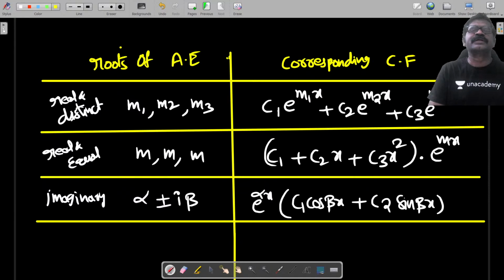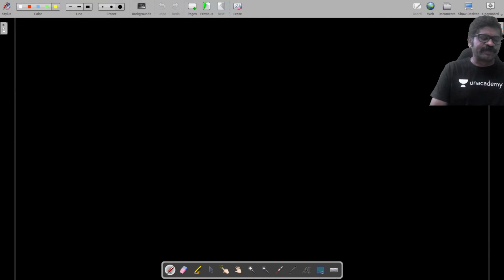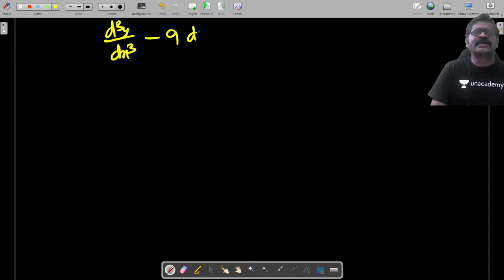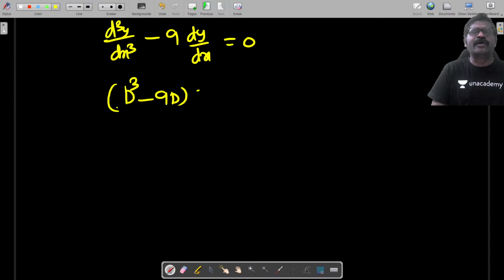Now, for example, d cube y by dx cube minus 9 into dy by dx equal to 0. If you write in operator form, d cube minus 9d of y equal to 0.